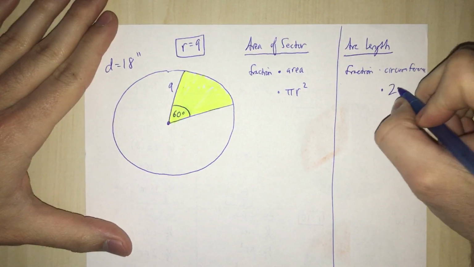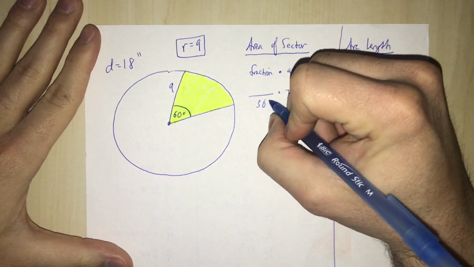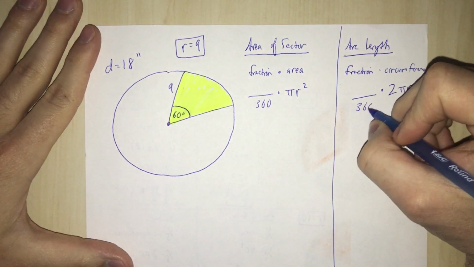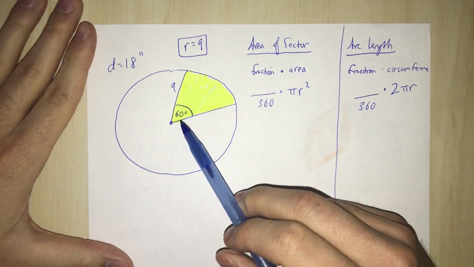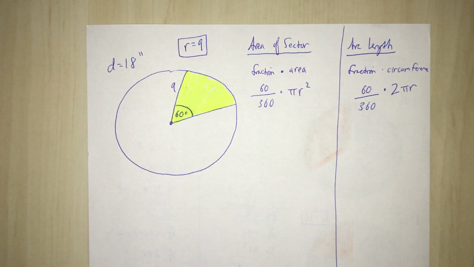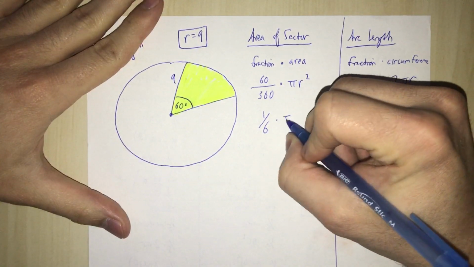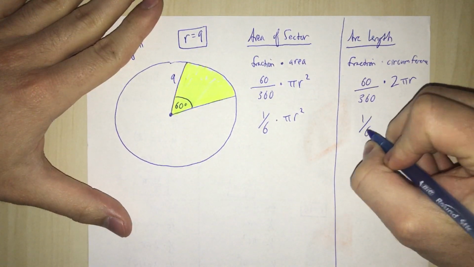We know this is 2 pi r. But the fraction is the big idea. So remember this. It's really not that bad. Total circle is 360. And what I gave you was 60 degrees. So the fraction is 60 of the total 360 of a circle, okay? So in that case, that's really 1/6 of what you need to find.